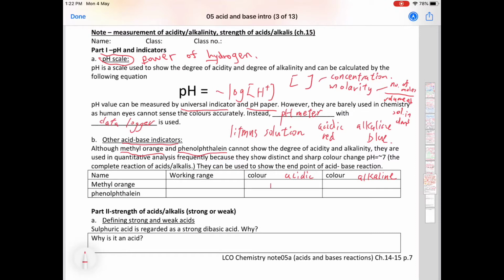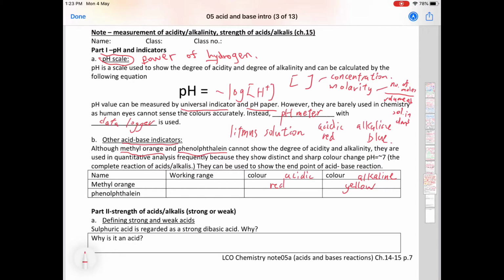Methyl orange is red in acidic medium and yellow in alkaline medium. Previously, what you learned is that it will appear one color when the pH value is smaller than 7, and another color when the pH value is larger than 7.